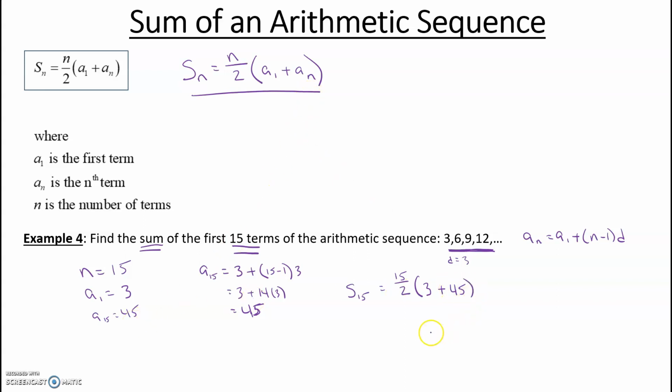That's what we calculated. So we have 15 divided by 2 is 7.5 times 48, and we wind up getting 360. So all those terms, 3 plus 6 plus 9, all the way up to the first 15 terms, should add up to 360.